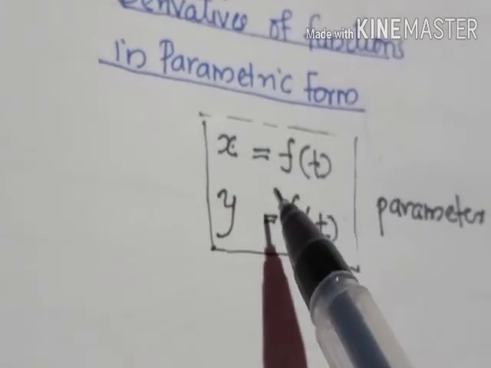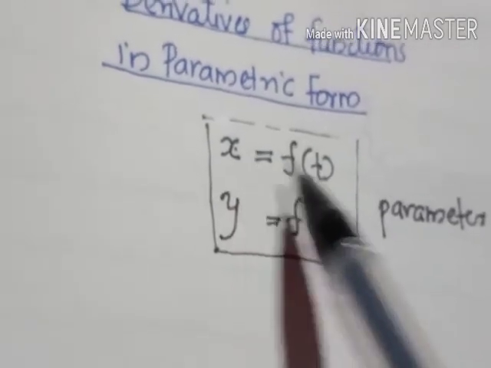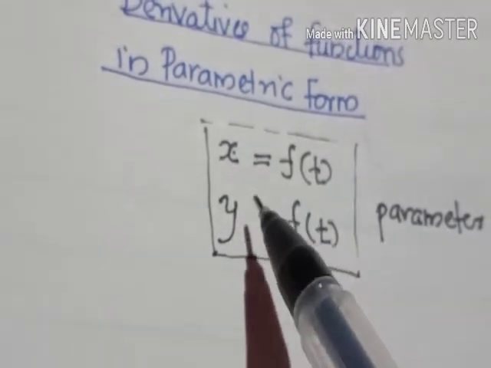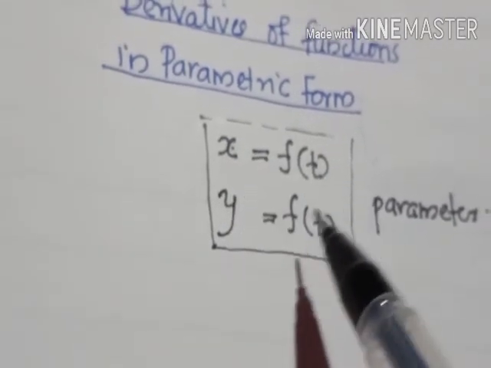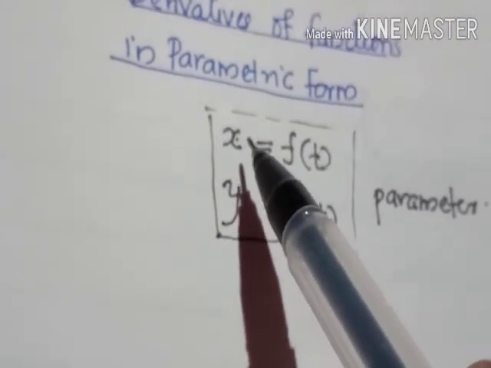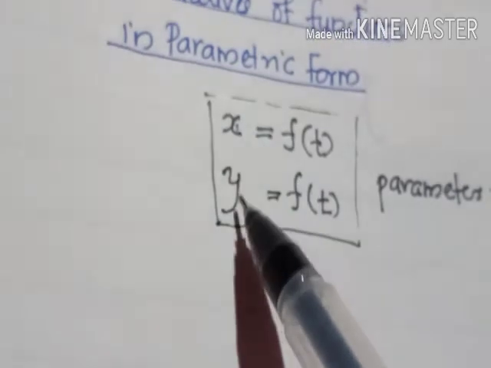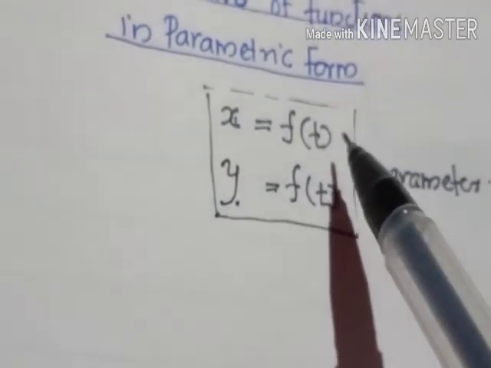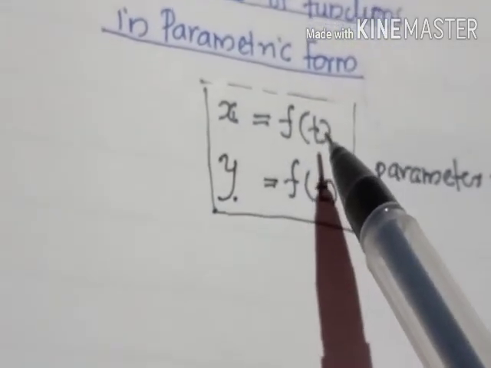So in this section we are going to discuss how to find the derivatives of such functions in parametric form. Here, we have to differentiate both x and y separately with respect to this third variable t.